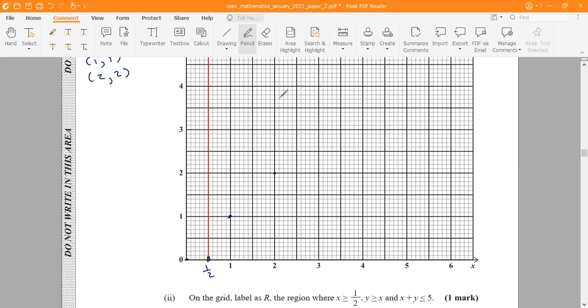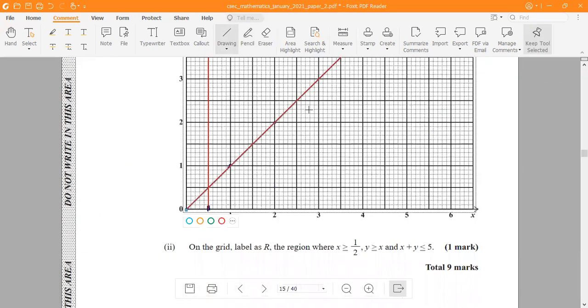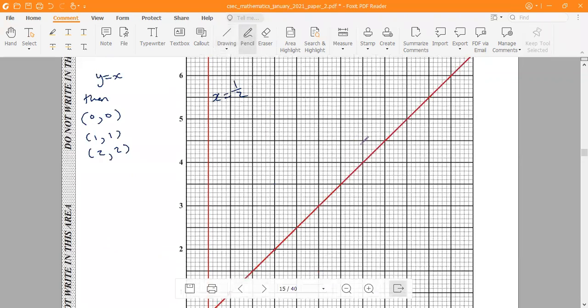So let us draw a line through these points. This graph is y is equal to x.